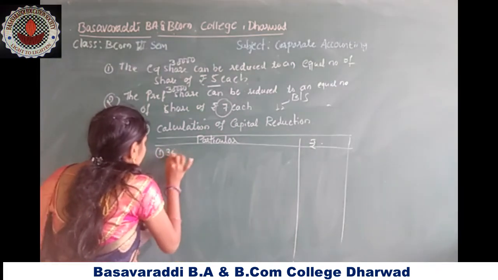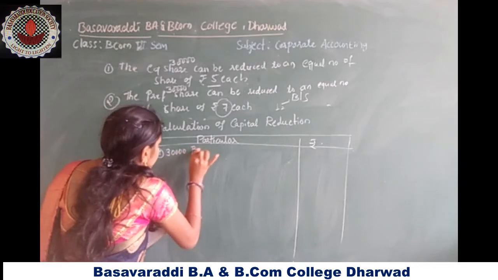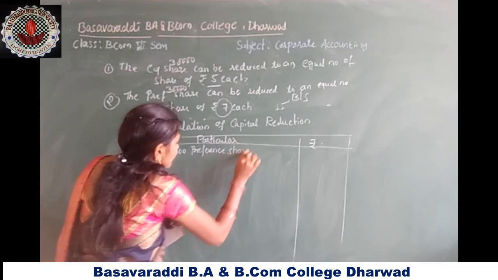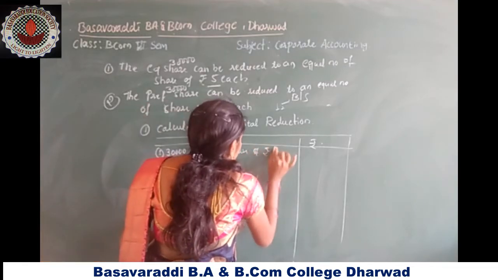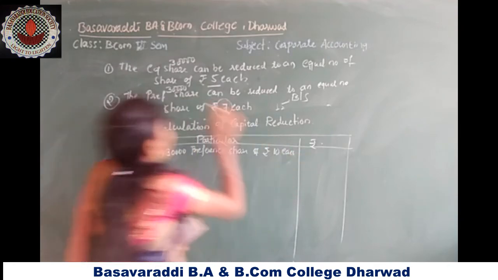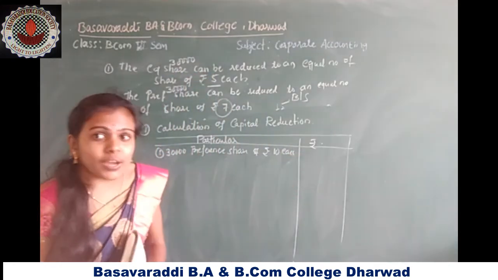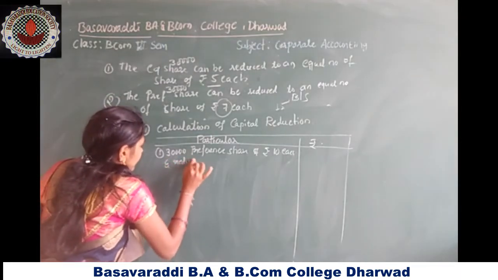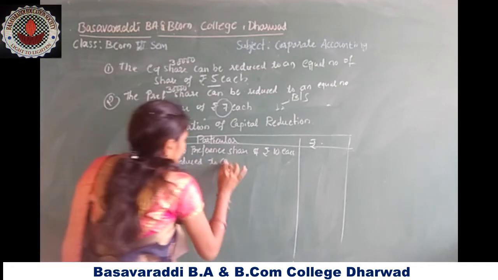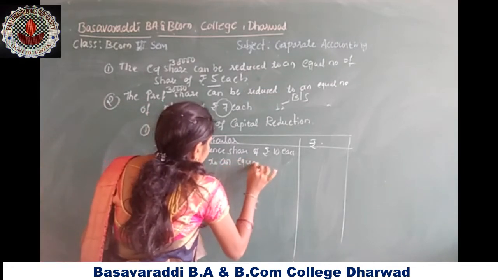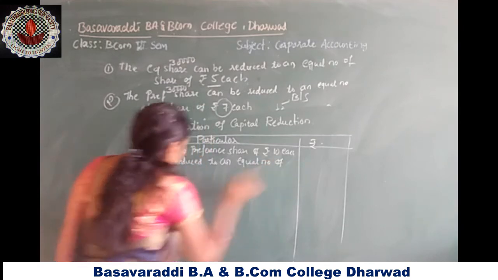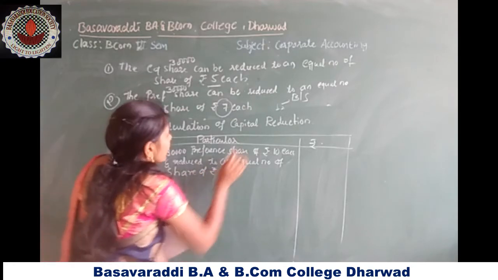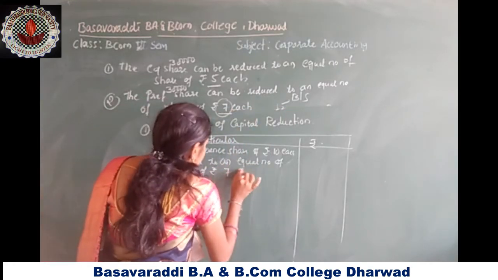First, 30,000 preference shares of rupees 10 each can be reduced to an equal number of shares of rupees 7 each.